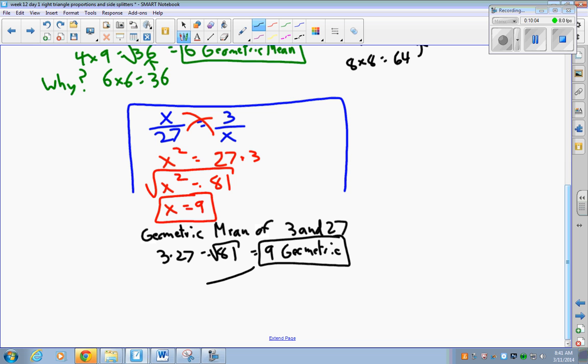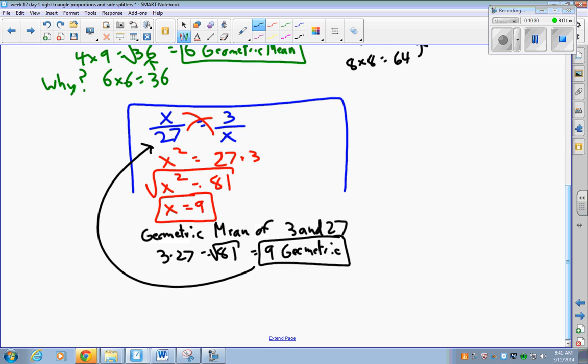That is the exact same way as solving this proportion. So on all of those right triangle guys, when I ask for the geometric mean, you're doing it with that right triangle, because when you set up that proportion, you're getting an x on top and an x on bottom, and that's saying when you cross multiply, x times x equals that 81. So that's the idea of the geometric mean.